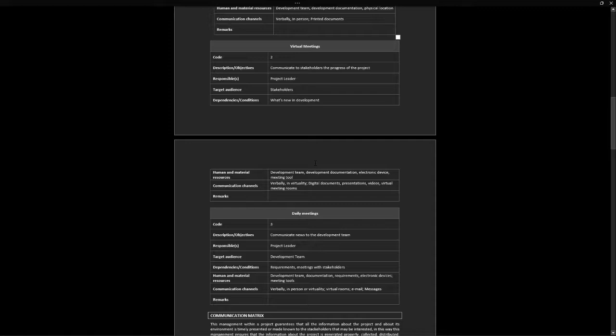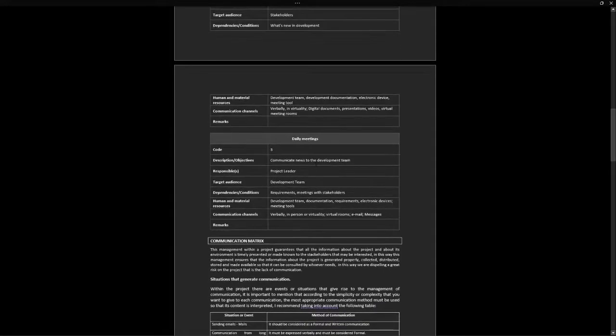And human and material resources, we have the development team, the development documentation, electronic devices, because this is a virtual meeting, and a meeting tool. It could be Zoom, Skype, Teams, or whatever tool we're using at that moment. And the communication channels will be verbal, virtual, digital documents, presentations, videos, and basically virtual meeting rooms.